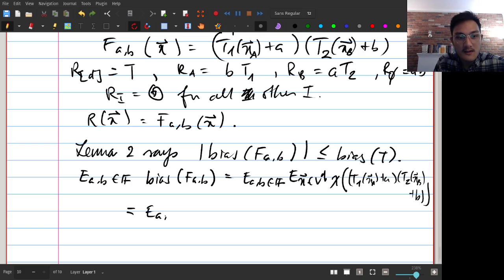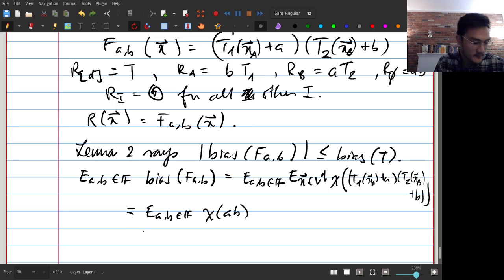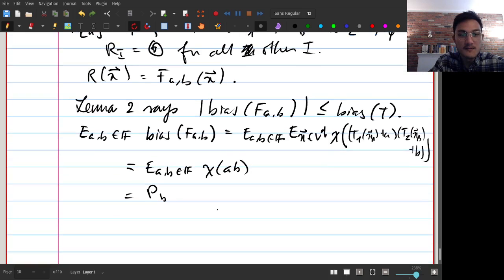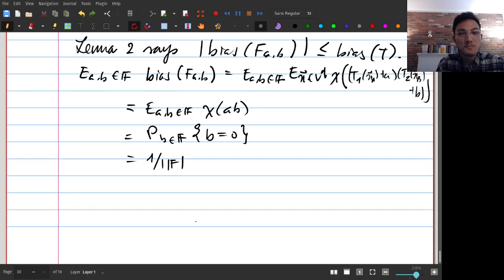And so that's the expected value over a, b in F of chi of ab. This is going to be non-zero if b is equal to 0. So it's the probability that b is equal to 0, and that's 1 over the size of F.